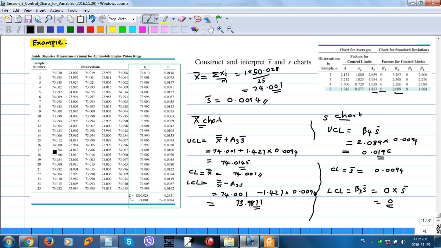Most questions will be prepared based on lesson 3, and the next lesson we will discuss is lesson 4. So clearly understand this lesson and solve the related problems, and then you can get the highest marks in your examination.